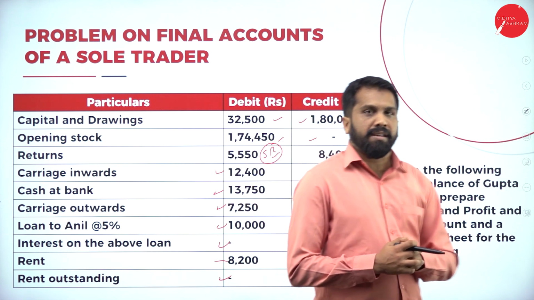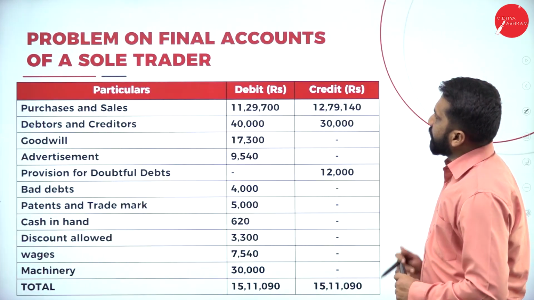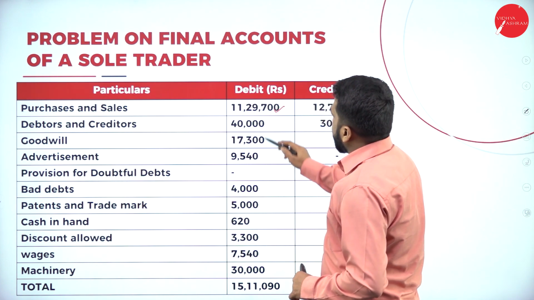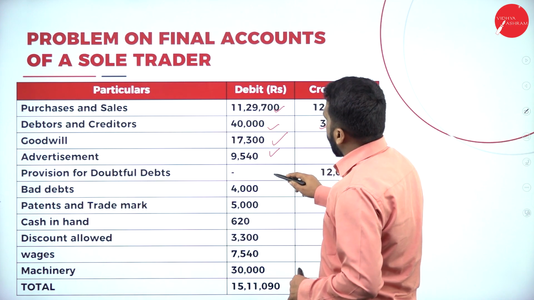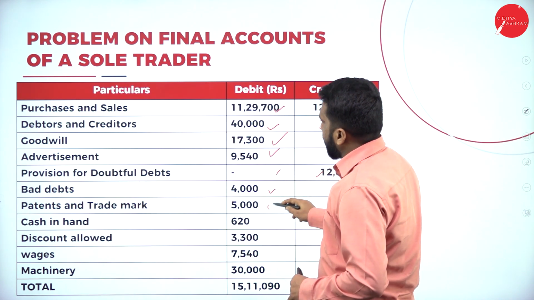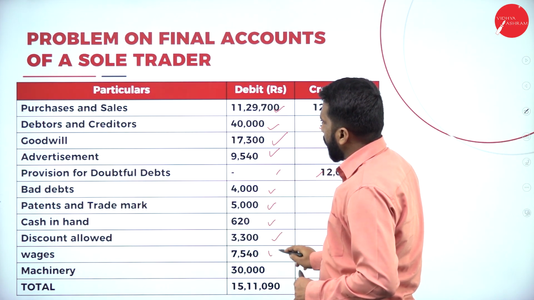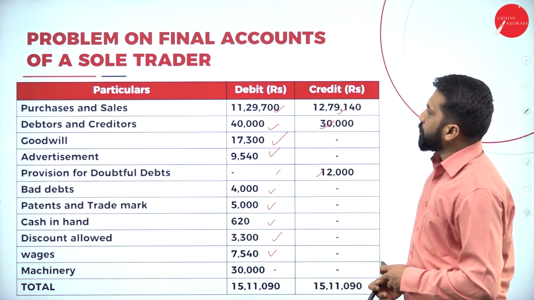Next, you have purchase as well as sales, debtors, creditors, goodwill, advertisement, provisions, then bad debts, patent, cash in hand, discount allowed, wages, machinery. These are the informations we have.